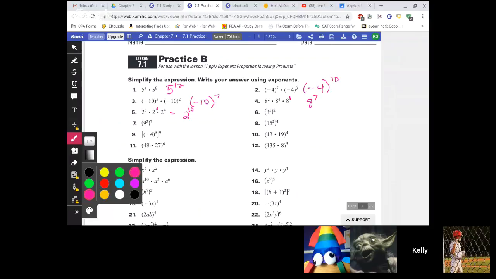On number 6, because it's a power raised to a power, you've got 3 to the 10th. Number 7, power raised to a power, 9 to the 21st. Number 8, power raised to a power, 15 to the 8th.